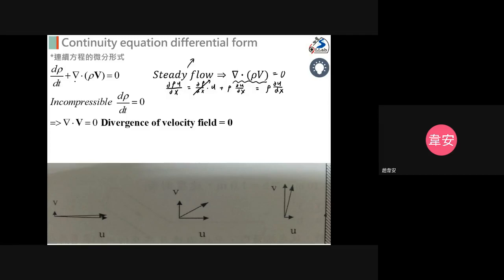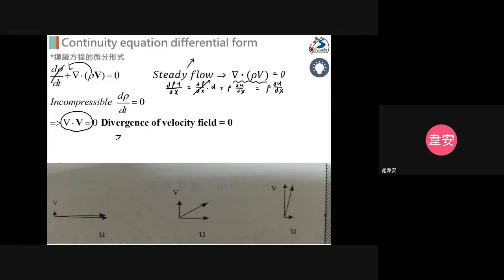Also, we know that if the density doesn't change with space, it also satisfies that the density doesn't change with time. So in that way, we don't have these items, and the rho can be taken outside, and then finally we have the divergence of the velocity field equal to 0.